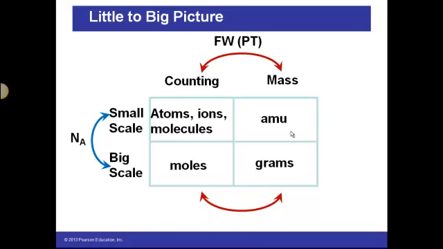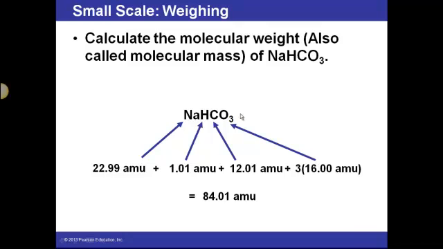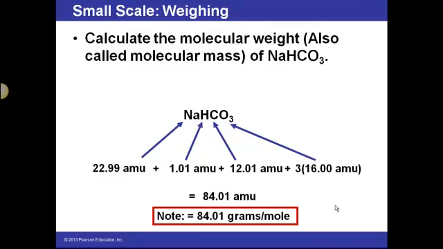or the molar mass. So we've already calculated our molecular weight or our molar mass of sodium bicarbonate. We found that it's equivalent to 84.01 atomic mass units. When we convert that to the big scale, essentially what we're saying is that there are 84.01 grams per mole of sodium bicarbonate.